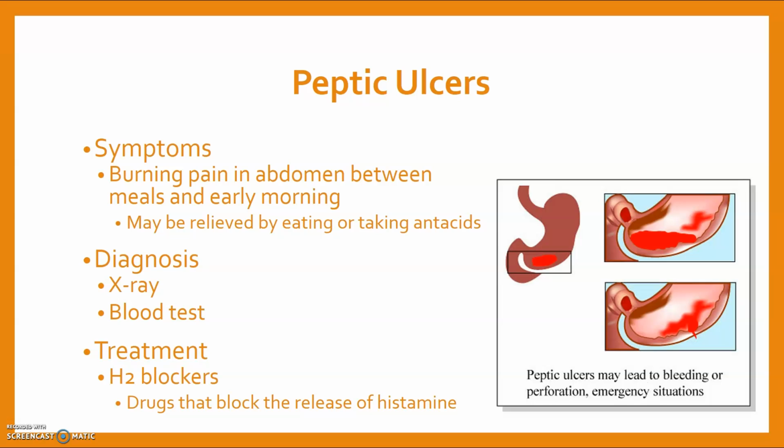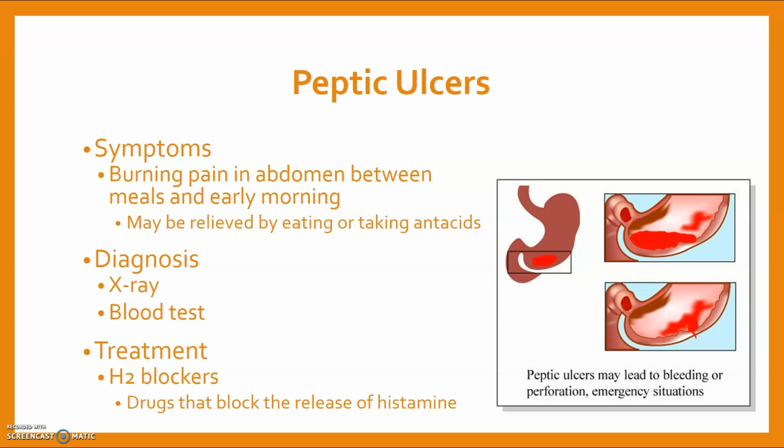The symptoms of a peptic ulcer include burning stomach pain. This may be relieved by eating or taking antacids. The diagnosis of peptic ulcers is either through X-ray or even blood test, and the treatment includes H2 blockers.